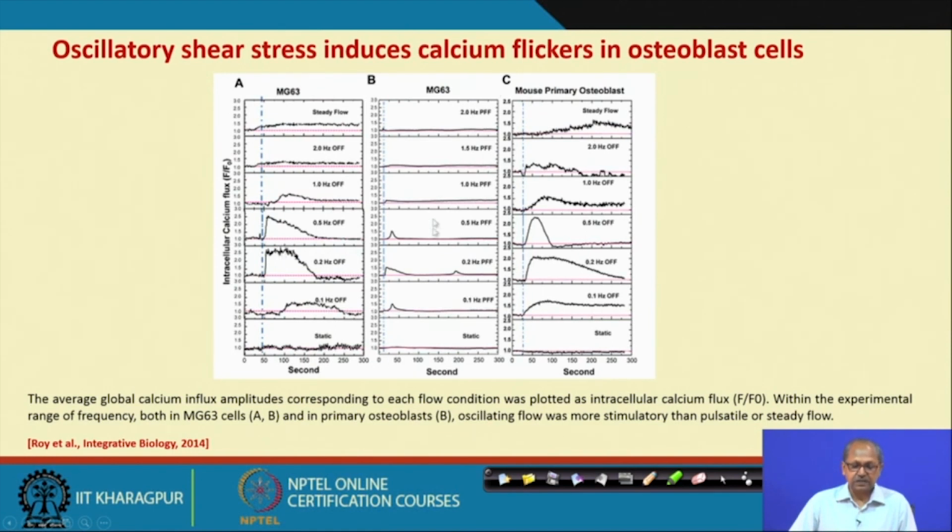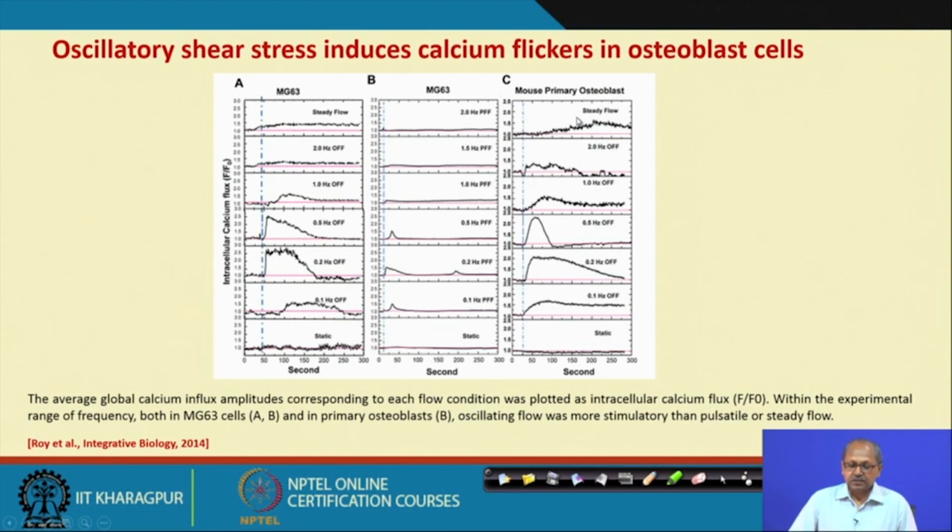In contrast, the same cell with different frequencies of pulsatile fluid flow shows very little calcium flicker concentration, at least at 0.2 Hz, and at the others there is basically no signal.